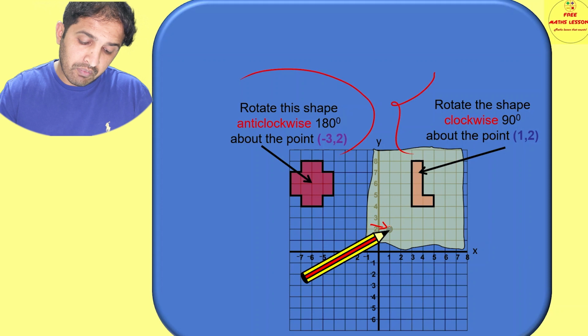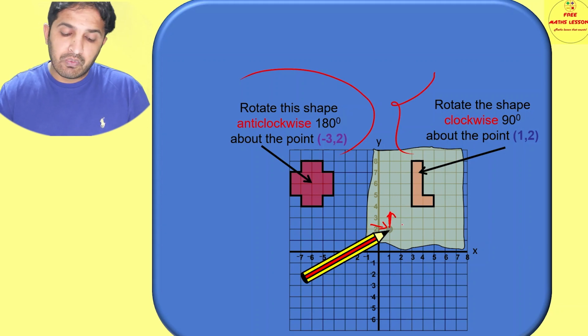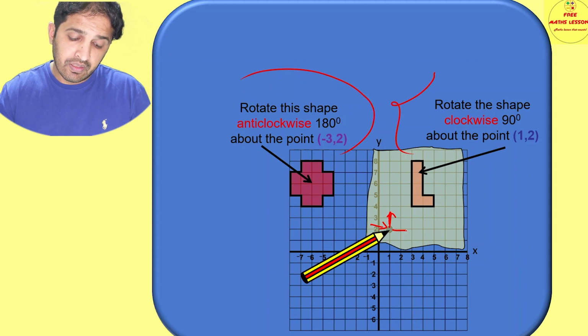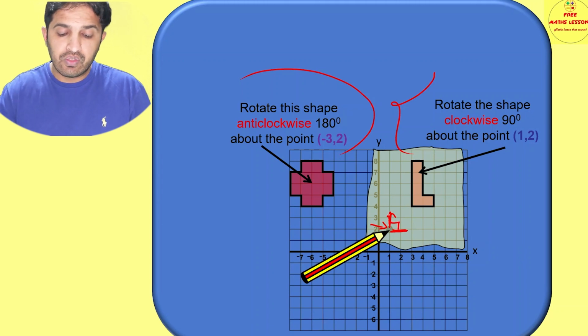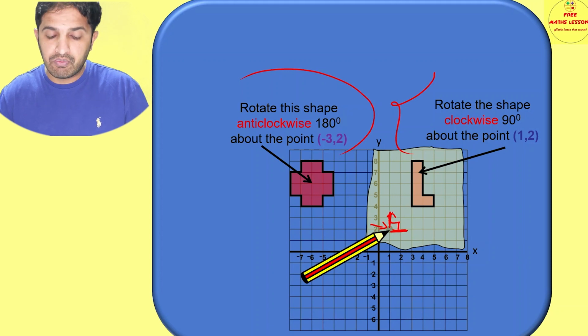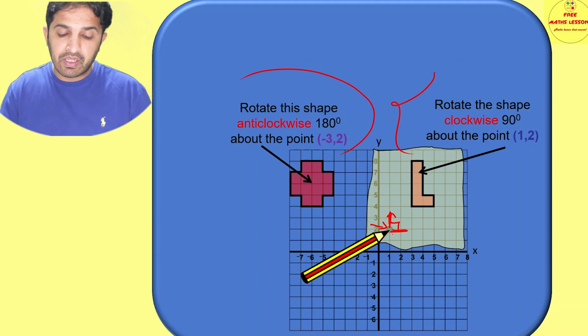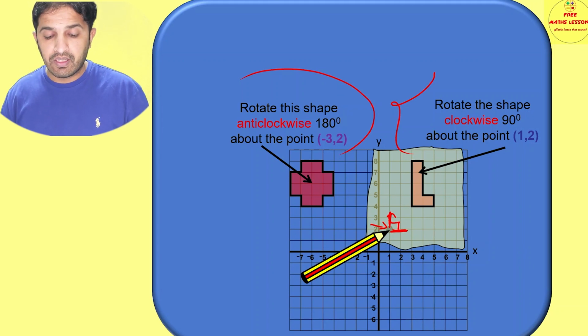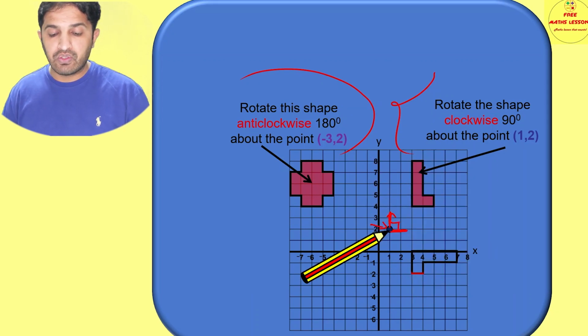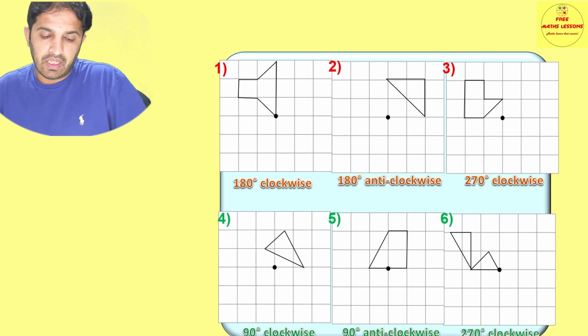But what I would do generally before we actually start turning it around is mark the point with the arrow pointing upward. Why? Because I want to know when the arrow lines up with this line here, that will complete the 90-degree rotation. So I would generally draw the arrow pointing upwards like we already discussed, and then hold the tracing paper at the center and rotate the tracing paper 90 degrees, until the arrow matches up. So I'd like you to pause the video and have a go at these questions. When you're ready, press play.